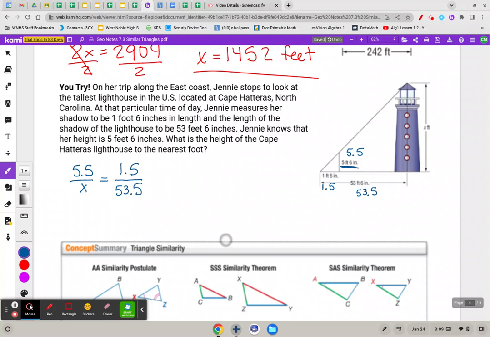So now if I cross multiply, remember you can actually set this up a bunch of different correct ways. This is just one way.